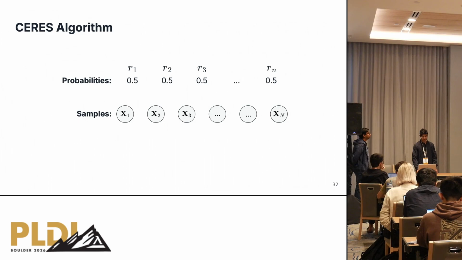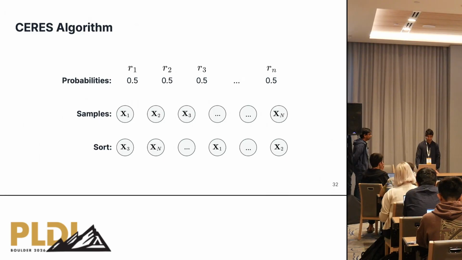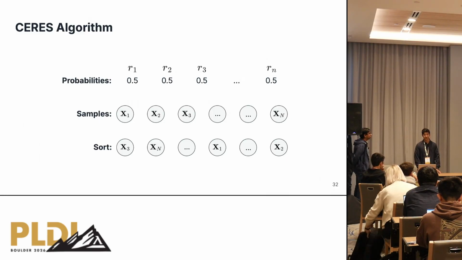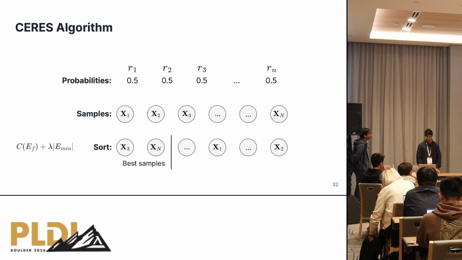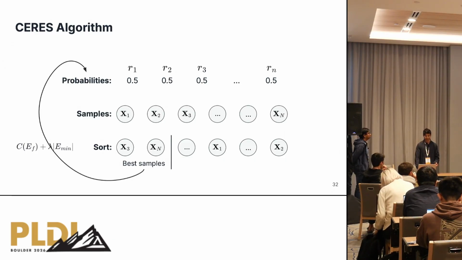From this distribution, we then take n samples, where each sample is a subset of rewrites sampled according to that probability distribution. We then sort these samples based on how well they do according to the objective function. And we take the best samples that we've seen. We look at which rewrites are in those best performing samples and use that to update the probabilities.